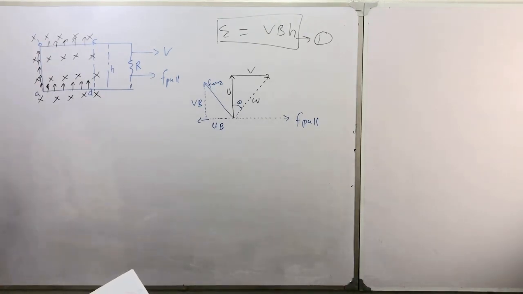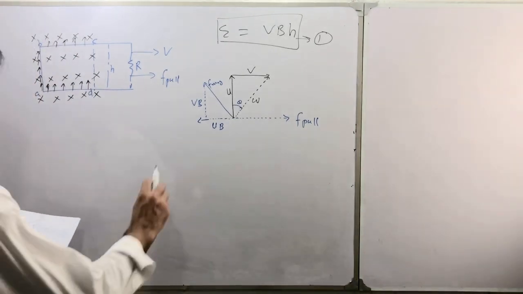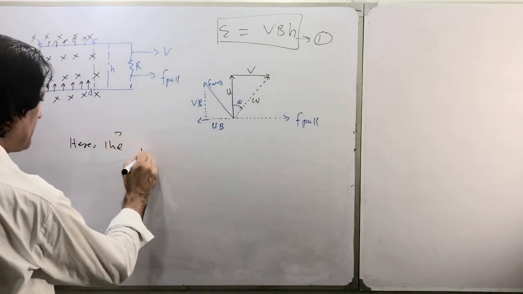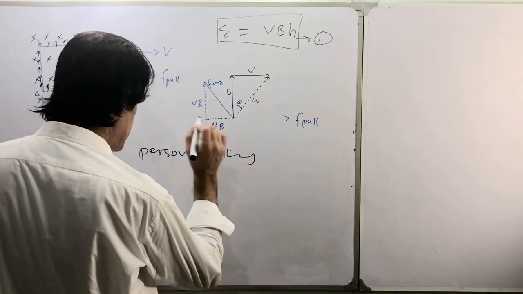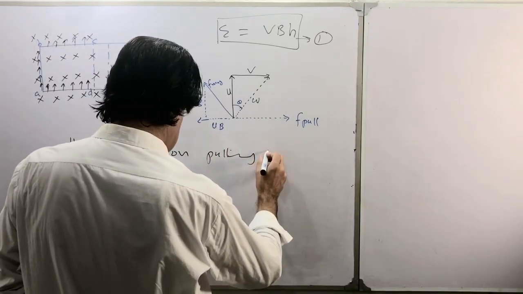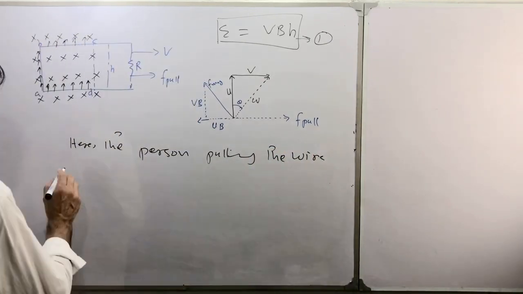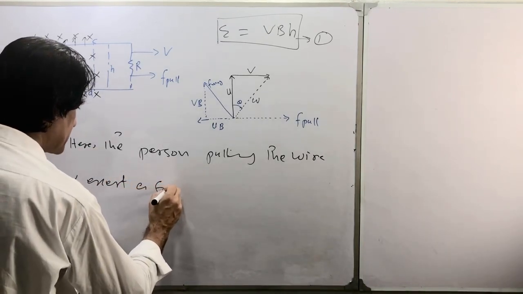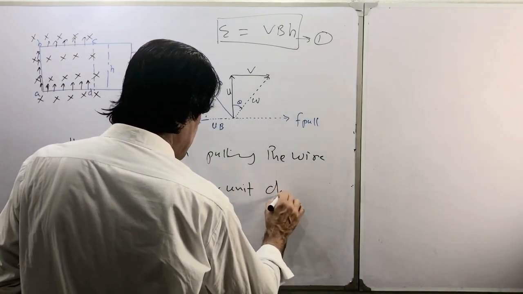So here it is clear that the person pulling the wire must exert a force per unit charge. The person pulling the wire must exert a force per unit charge.